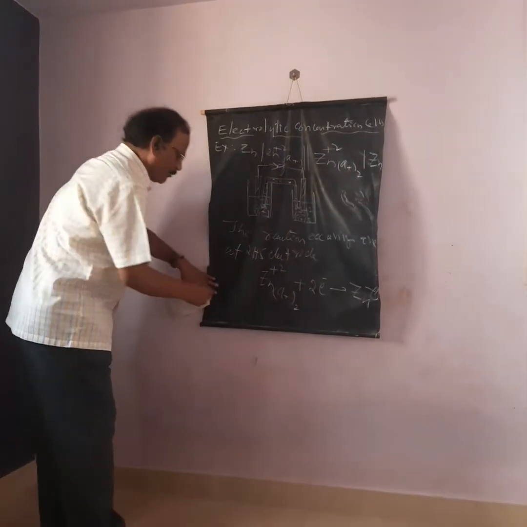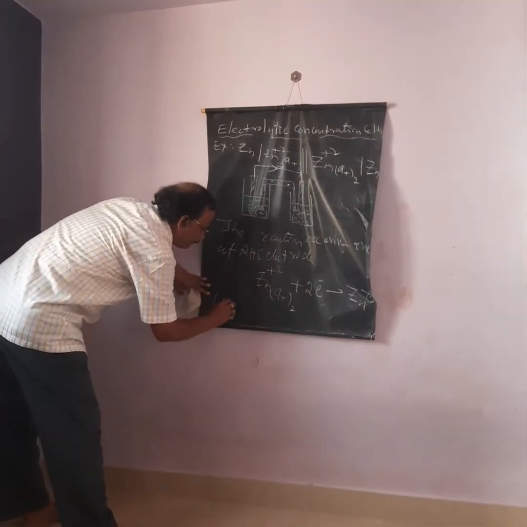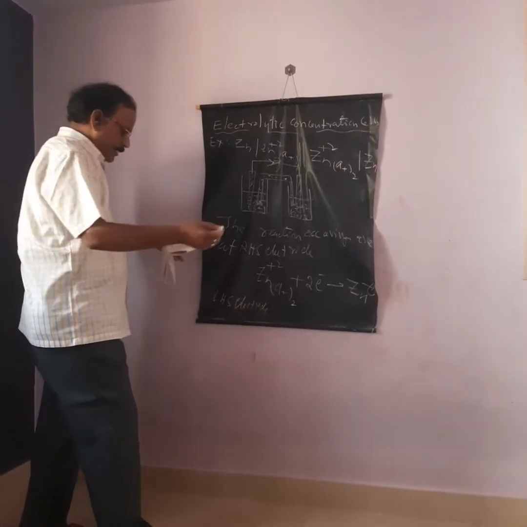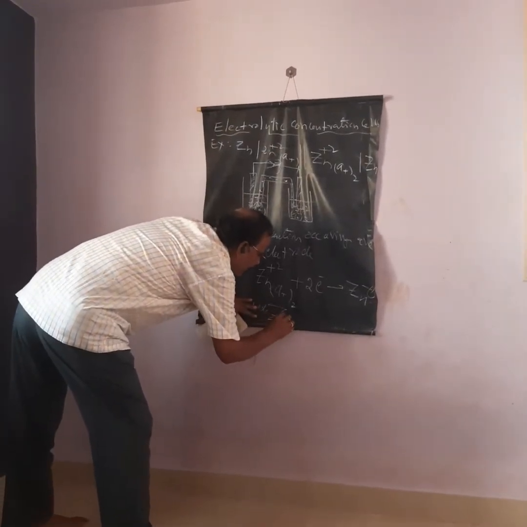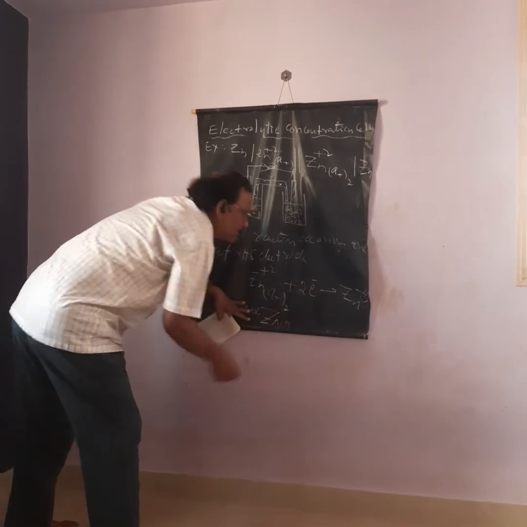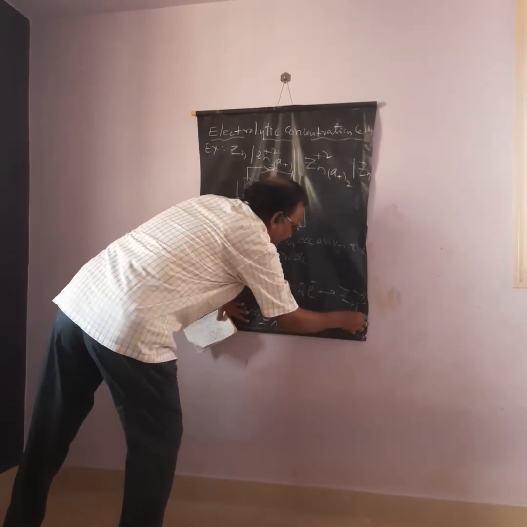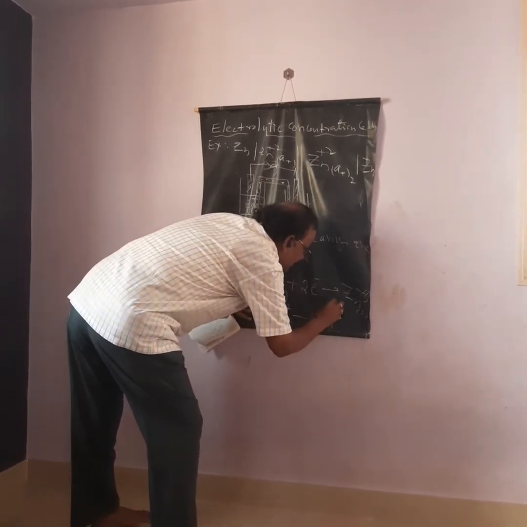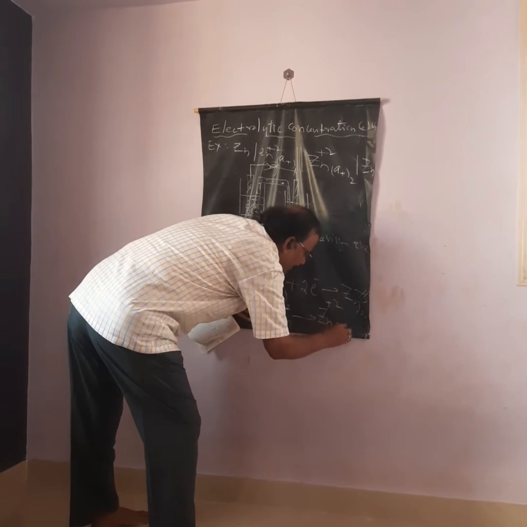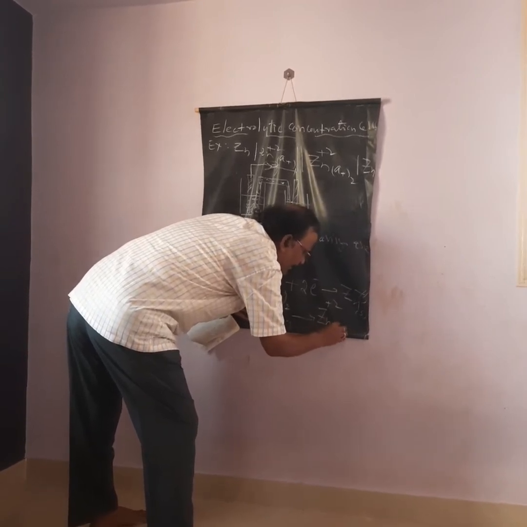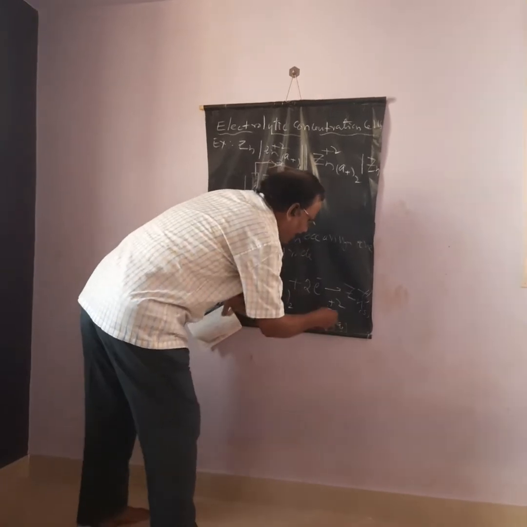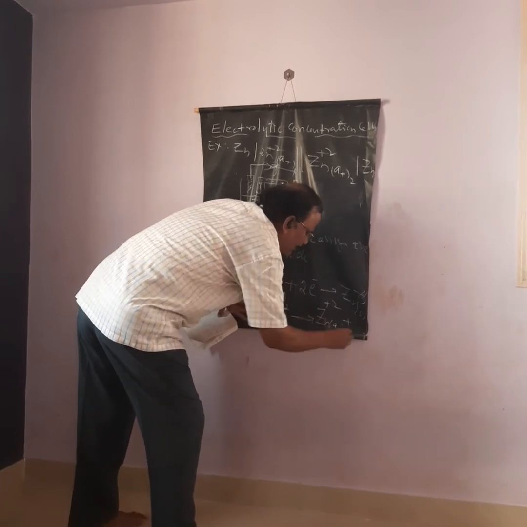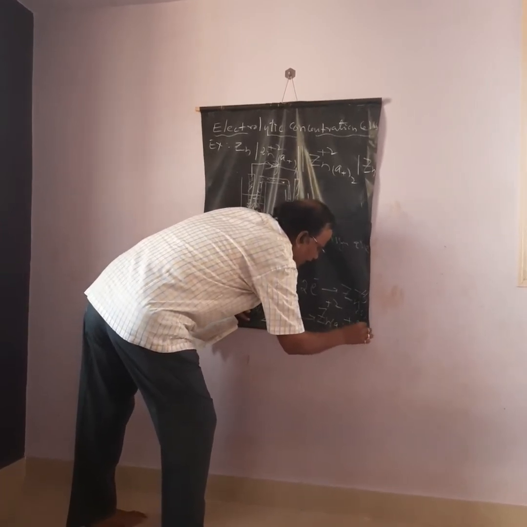Similarly, at the LHS electrode, solid zinc, that is zinc in the neutral medium, gives Zn2+ with activity a1 plus 2 electrons.